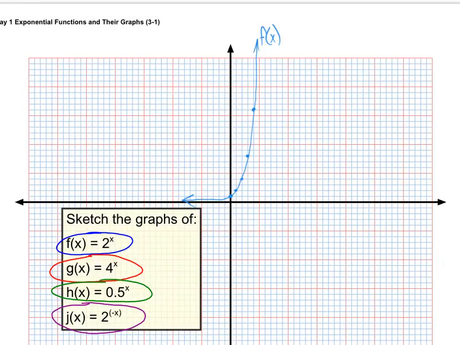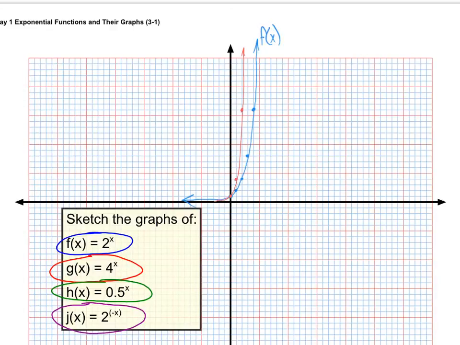Okay? So now our y-intercept is going to be what? Yeah, 0, 1. But now we have the points 1, 4, 2, 16. Once we get to 3, we're up to 64, so it's way off of our graph.